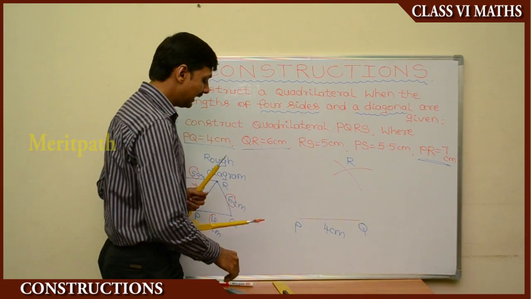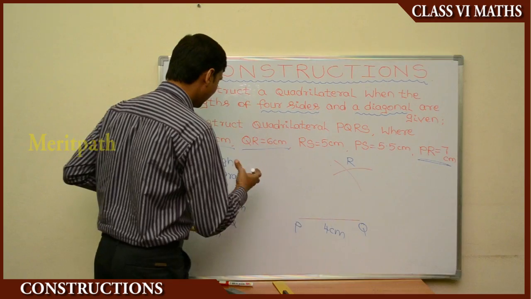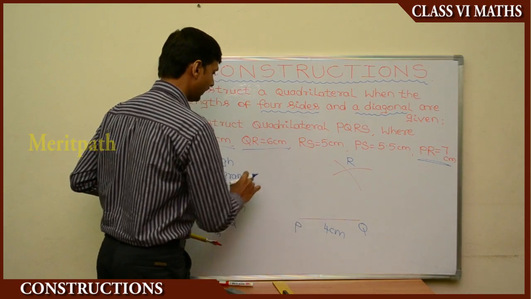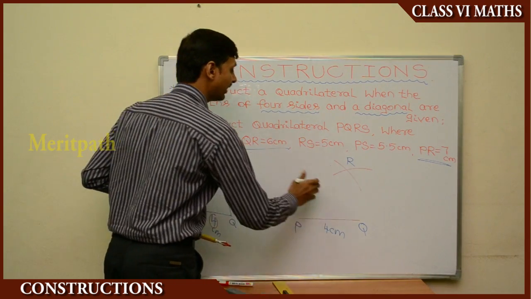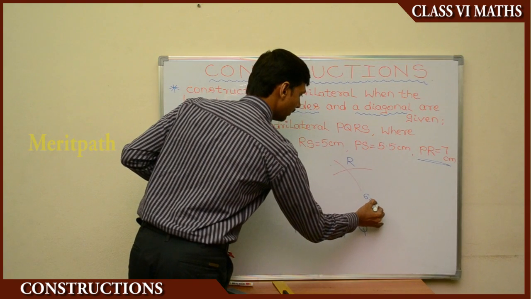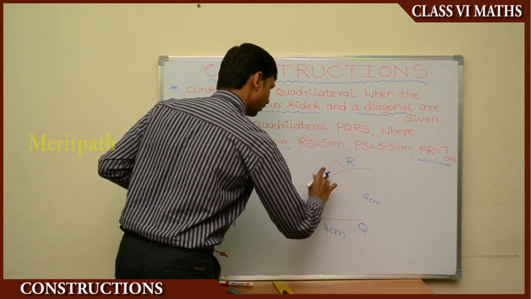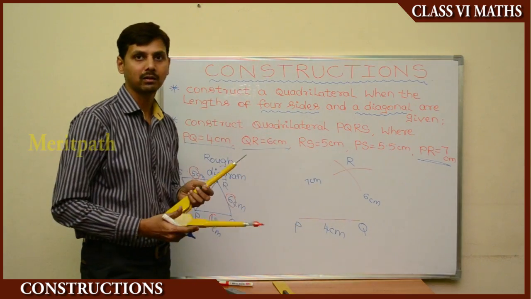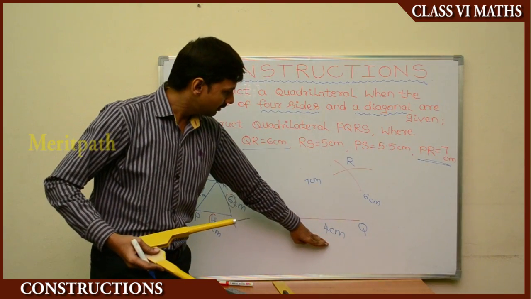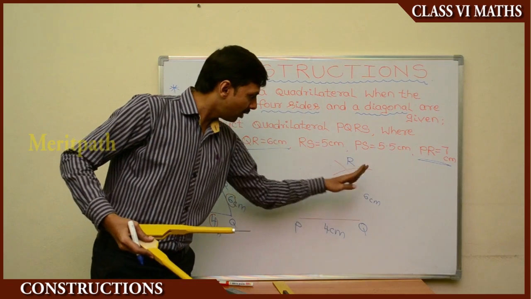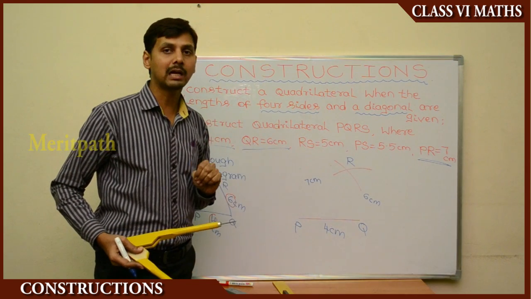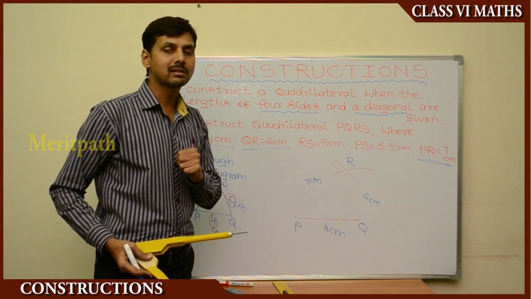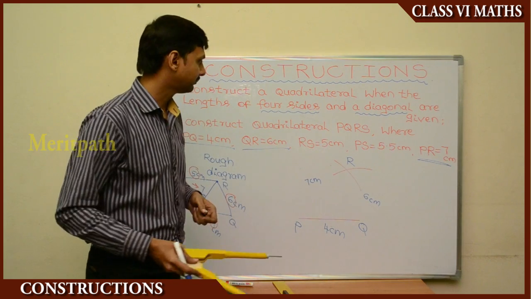Using P, we made an arc. PQ is 4 centimeters, QR is 6 centimeters, we have drawn, and PR is 7 centimeters. Now we have a triangle. Let's see these sides, PQ, QR and PR, we have a triangle.